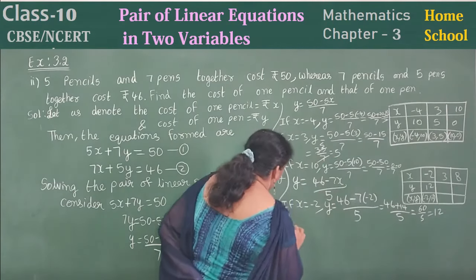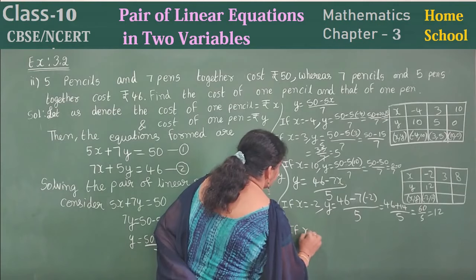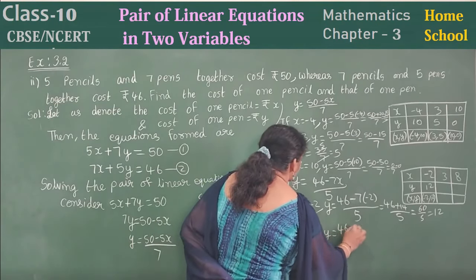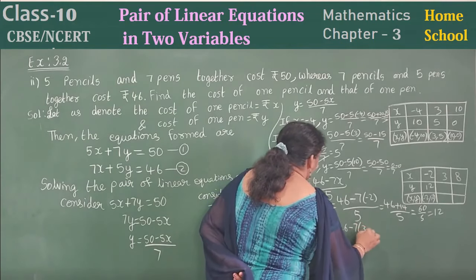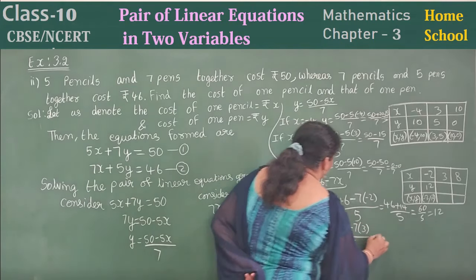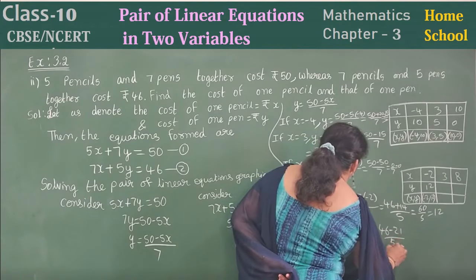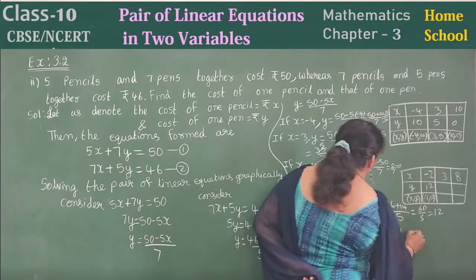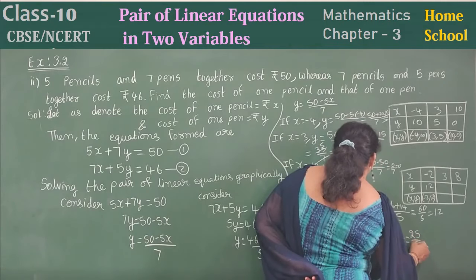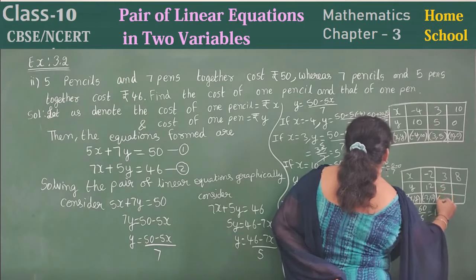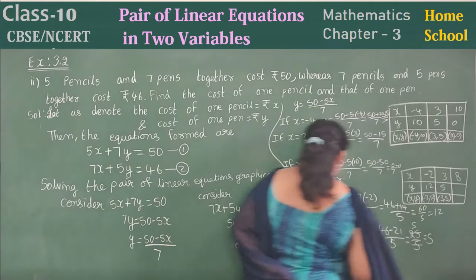Similarly, if x is equal to 3, y is equal to (46 minus 7 into 3) by 5. That will be (46 minus 21) by 5. Solve this one, it will be 25 by 5. That will be 5. Coordinate (3, 5).